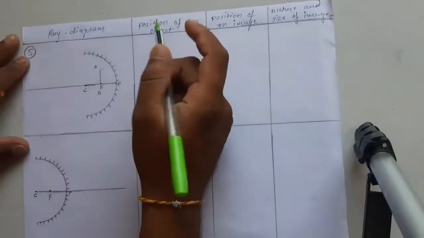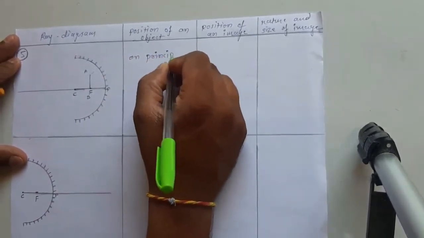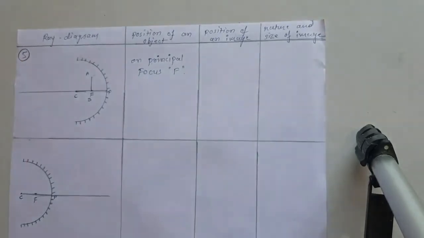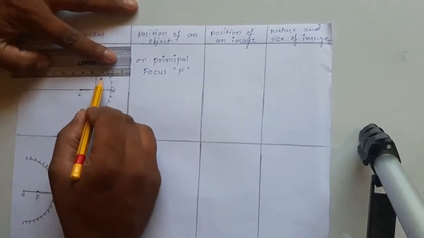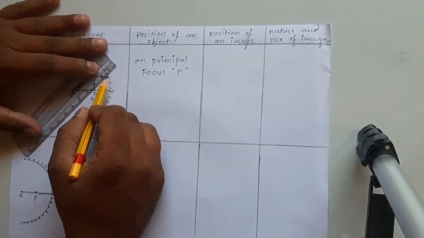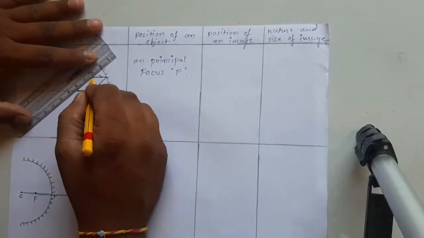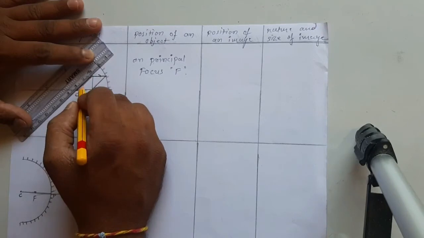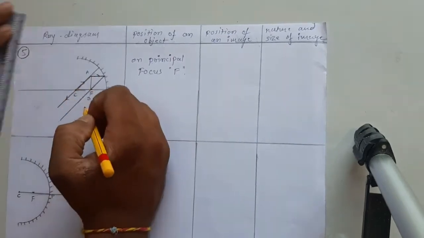Our object is on principal focus F. According to our ray diagram, the first ray, which is parallel to the principal axis, passes from F, and the second ray passes from C. When it passes from C, it will return back in the same direction.